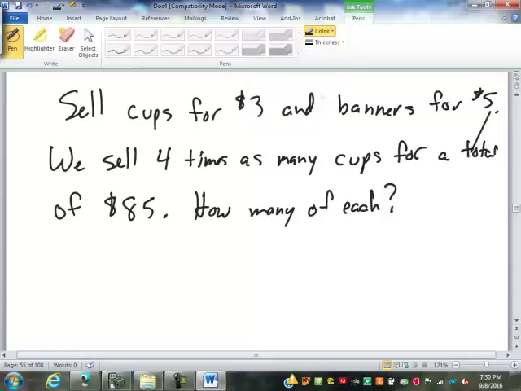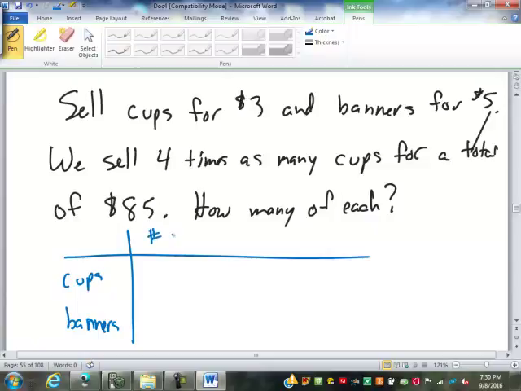Well, you guys kind of lead me through this one. I'll start us out with our cups and banners. Okay, the number of banners sold will be X. Cups will be 4X. Okay.